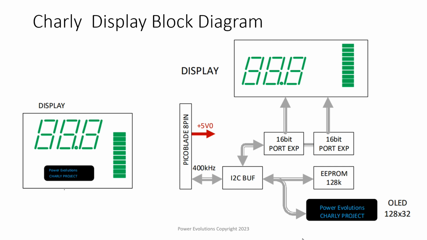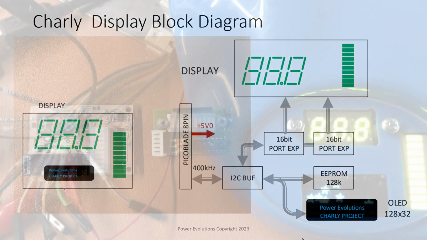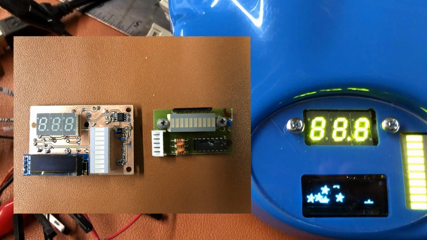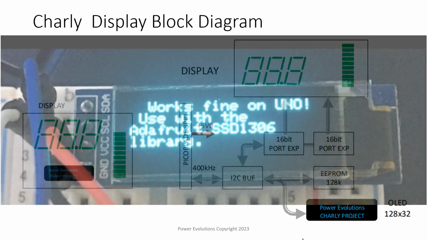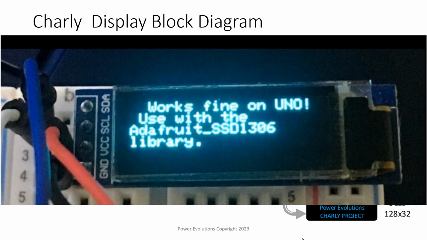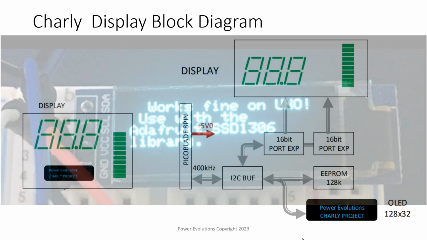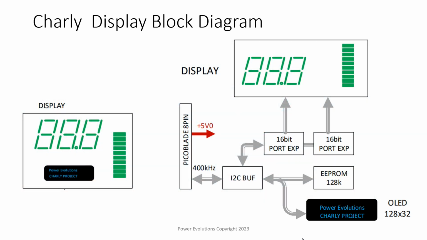This display itself has three 7-segment LED displays on it with a 10-segment LED bar. And then there's also an OLED display, which allows me to display other information such as battery voltage and currents.